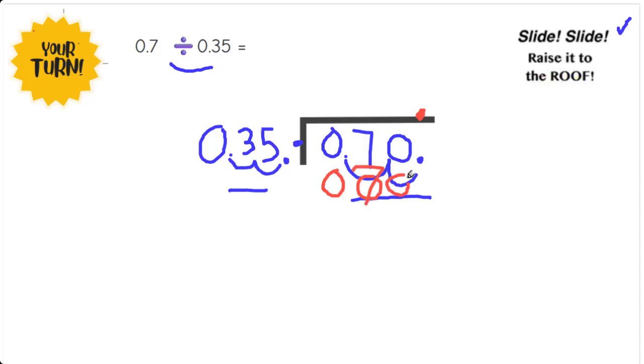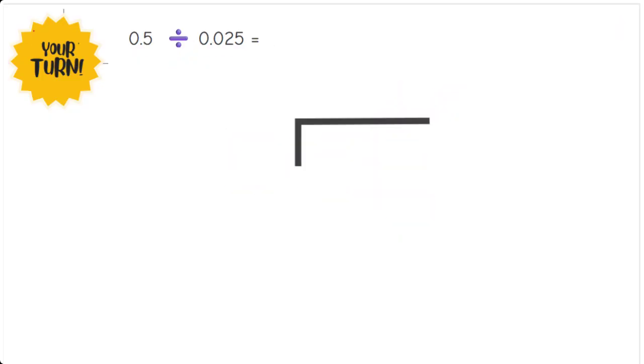And that makes it 70. 35 times 2 is 70. So I'm going to subtract 70, and we get a 0. So the answer to that is 2. Yes, I can put a 0 after that decimal, but there's no value there, so it's actually just a whole number, 2.